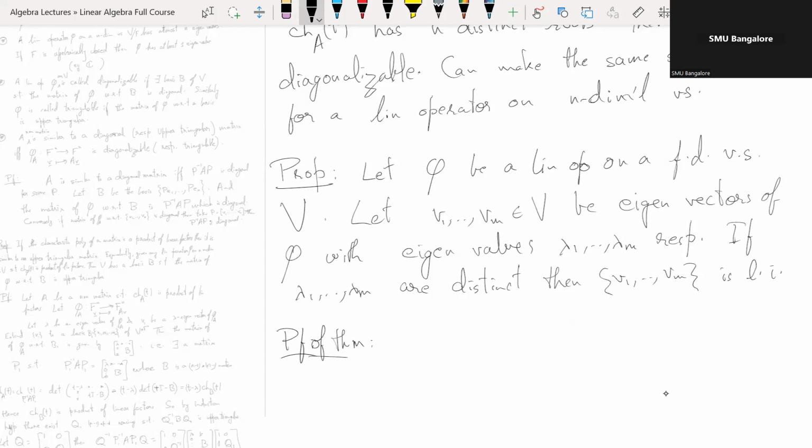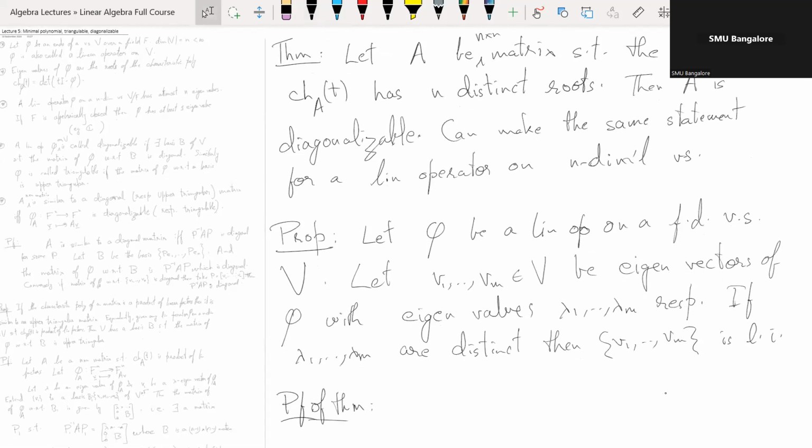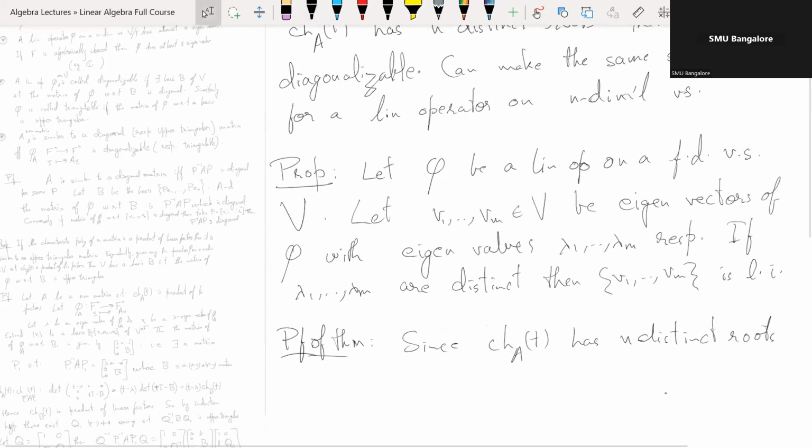Okay, so what is the proof of the theorem? Since the characteristic polynomial has n distinct roots, let's say lambda 1 to lambda n.